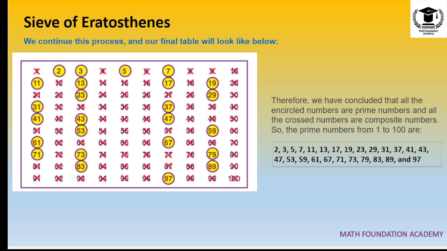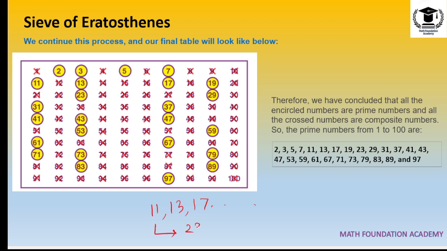So we continue the process. In the next step, we'll take 11, because 11 is also a prime number. Then we'll see 13, 17, and so on. We circle the number 11 and we'll strike out all the numbers which are multiples of 11.